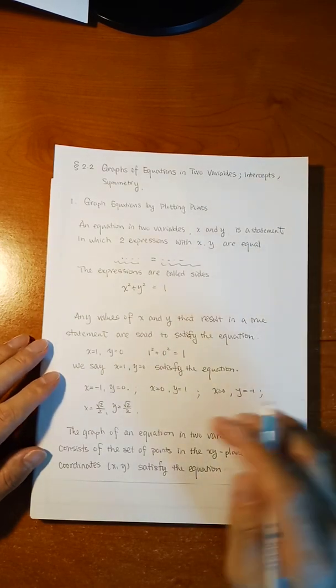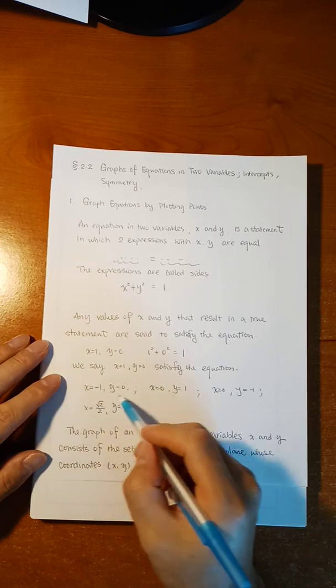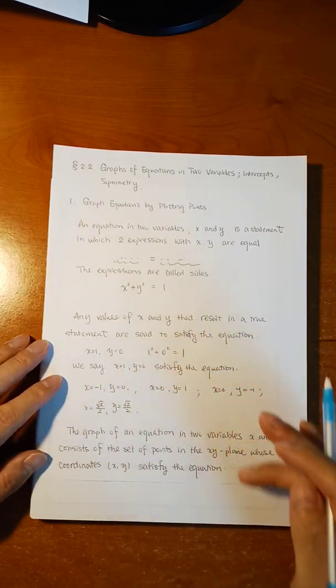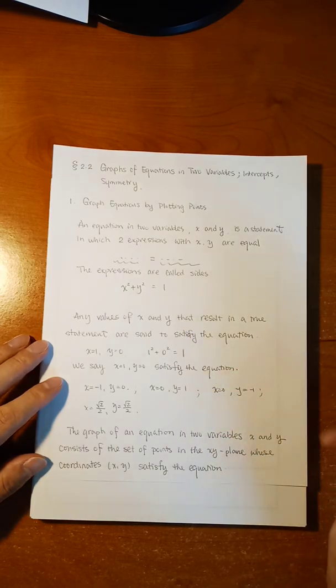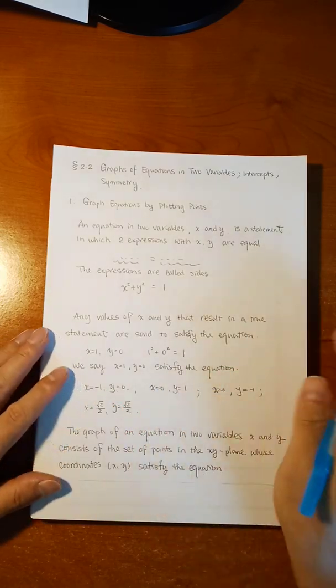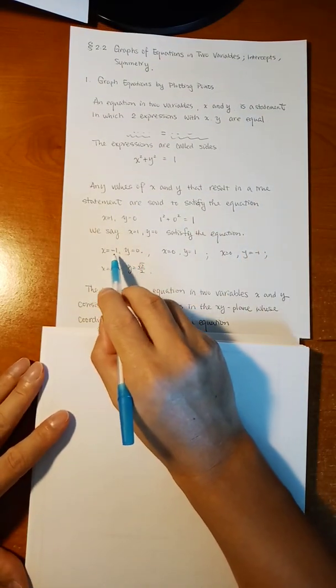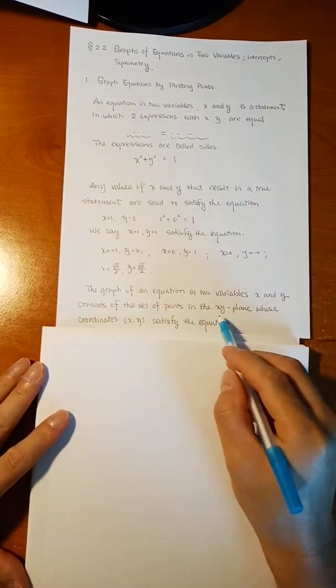Okay, so what does this mean? You see here, this is a pair of numbers, this is another pair of numbers, another pair of numbers. So there are several pairs of numbers, maybe more. And for each pair, you have a corresponding point in the xy plane.